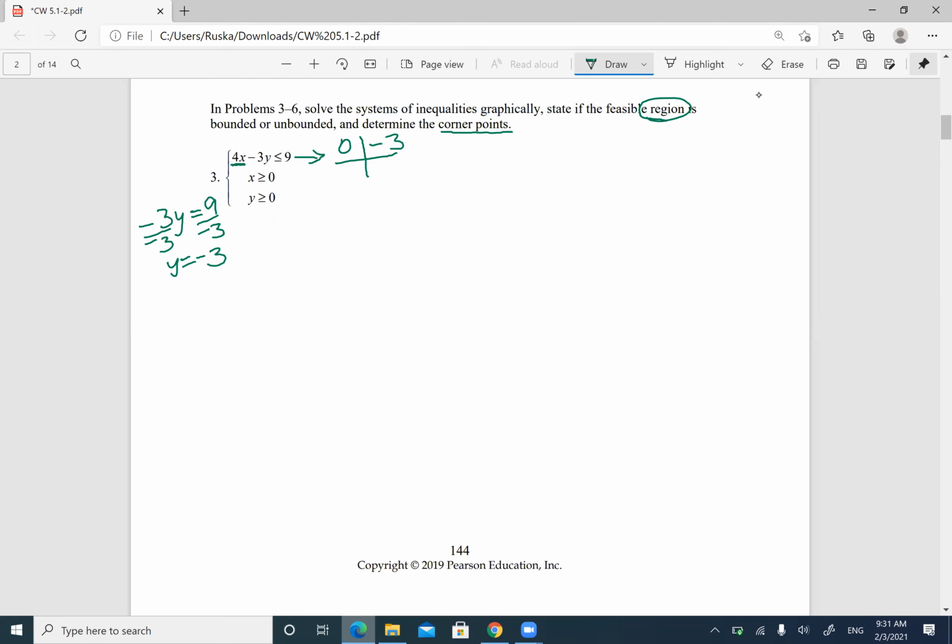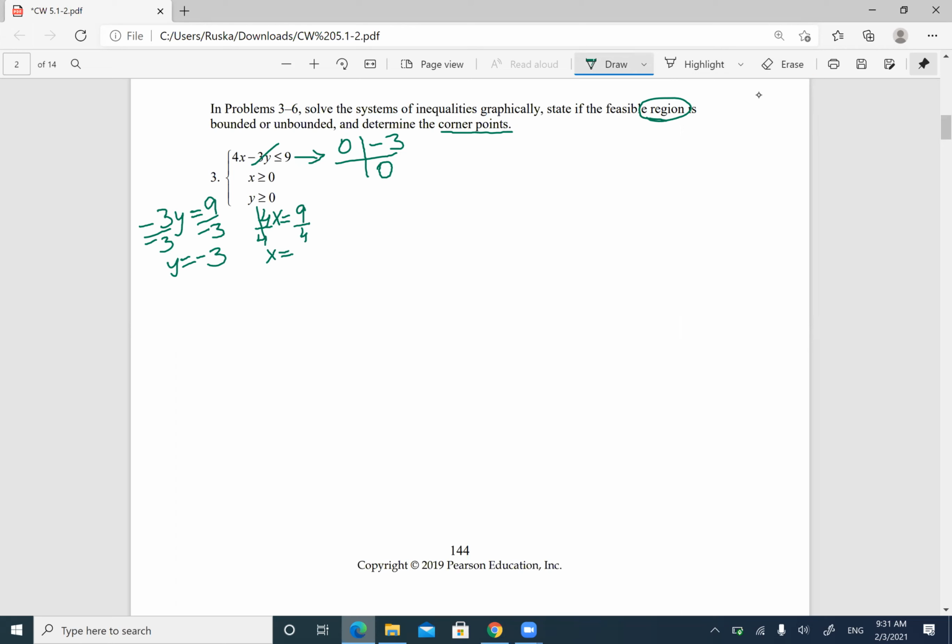Then I'm going to pick 0 for y. So I'm going to replace y with 0 now. I get 4x equals 9. I'm going to divide by 4, and I'm going to get x equals 9 divided by 4.